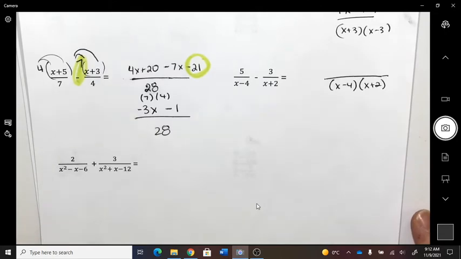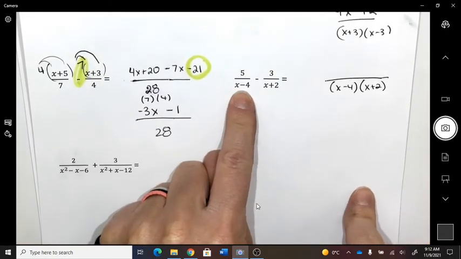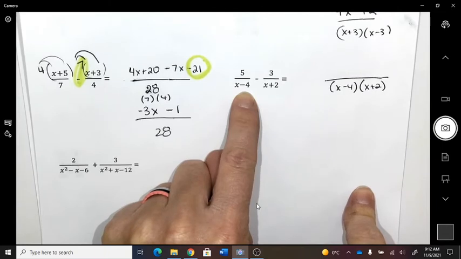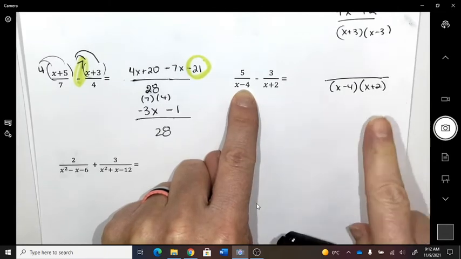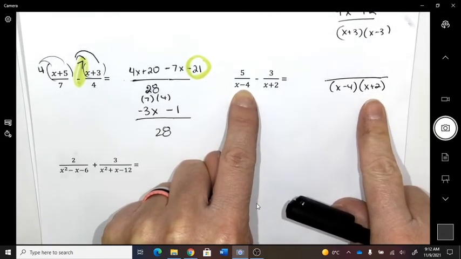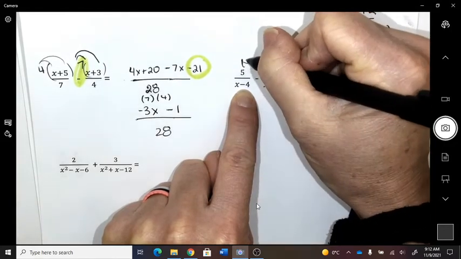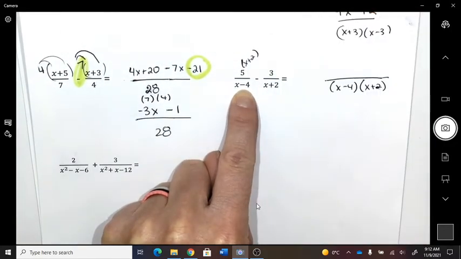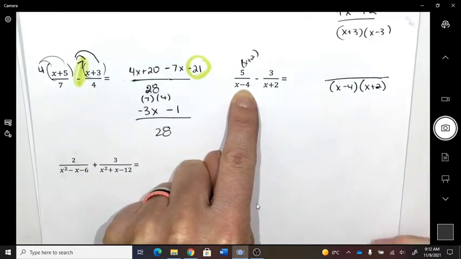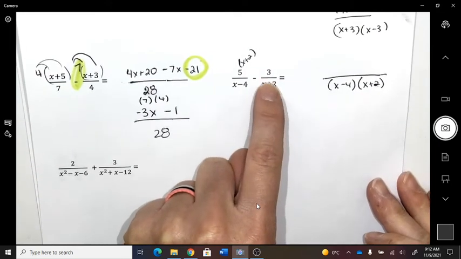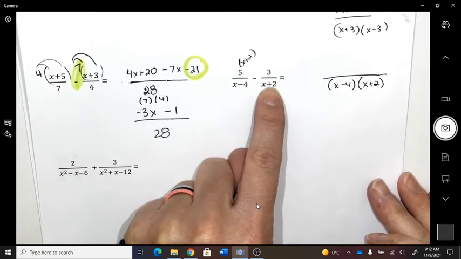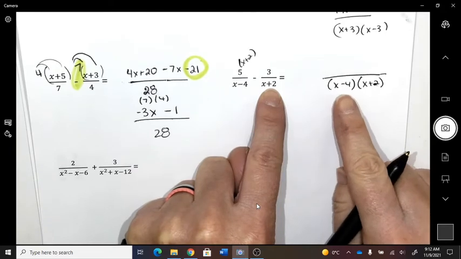Okay, now that we got our common denominator, we're going to ask, what did I do to this fraction on the bottom? So I timesed it by an x plus 2, so I'm going to have to times the top by x plus 2. What did I do to this bottom? This bottom got timesed by an x minus 4.